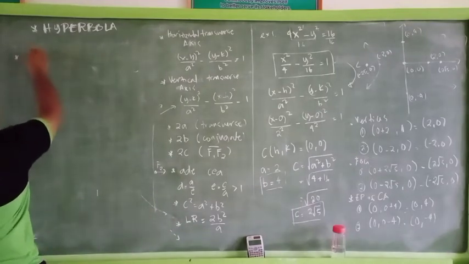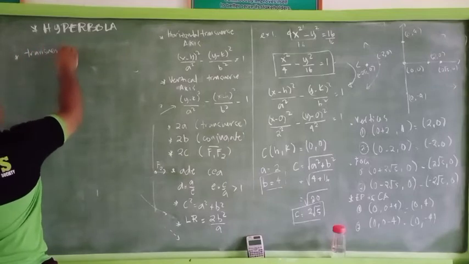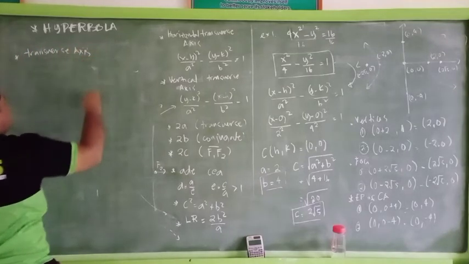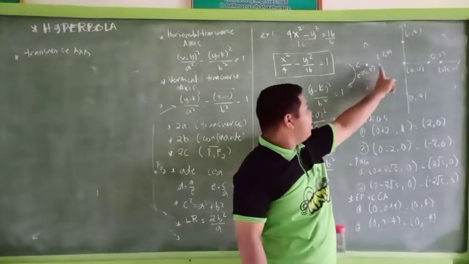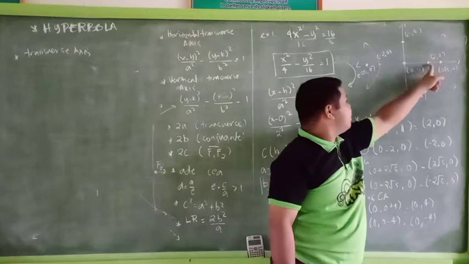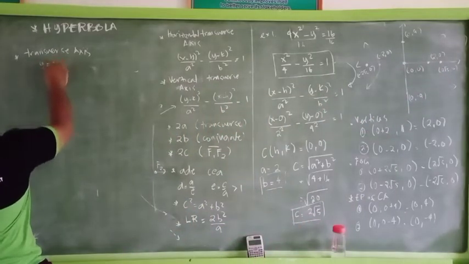So, we have here transverse axis. Equation ng transverse axis natin. So, kung mapapansin natin dito, yung line na to, ito yung transverse axis natin. Yung equation niya, that is y is equals to 0.